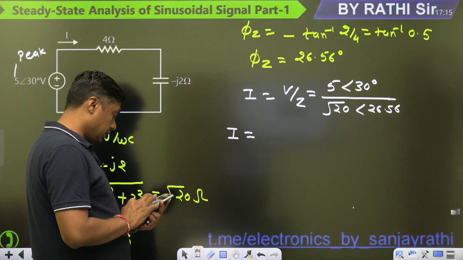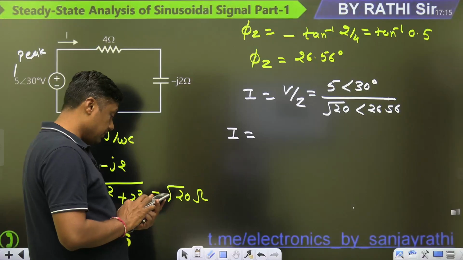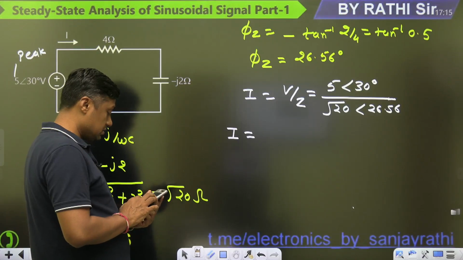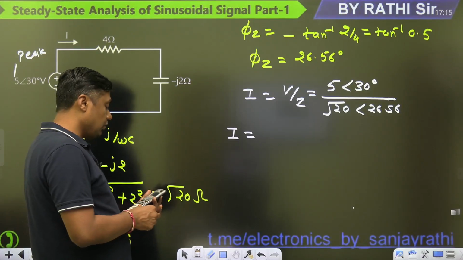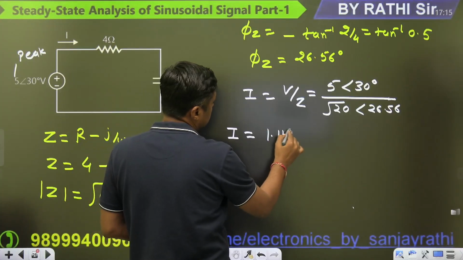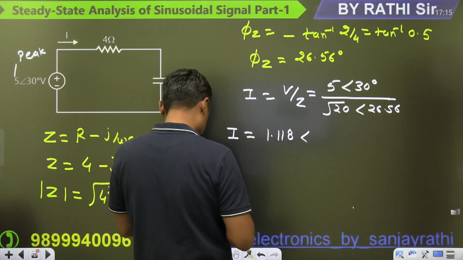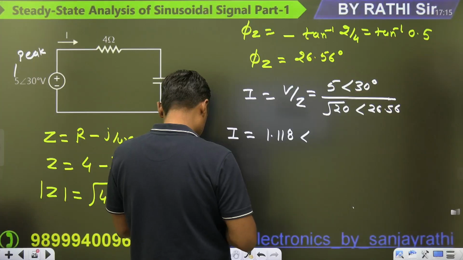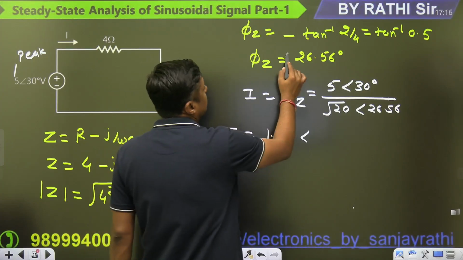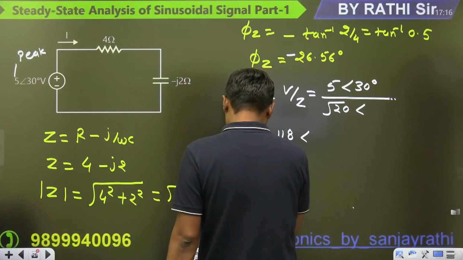Reciprocal of root 20 into 5, that is 1.118. Angle is 30 minus 26.56. And that angle is what? Negative. Remember, this angle is negative, because it is a capacitive circuit.